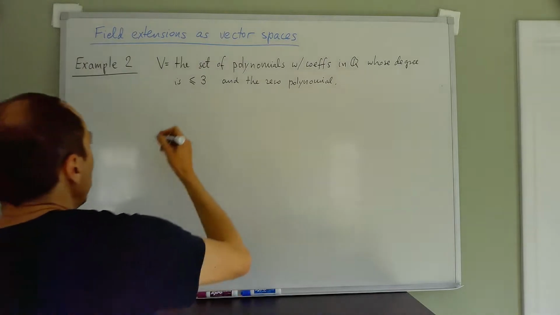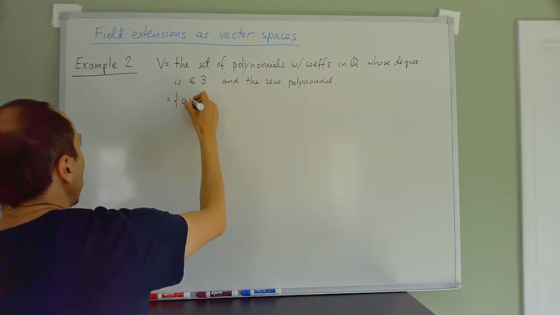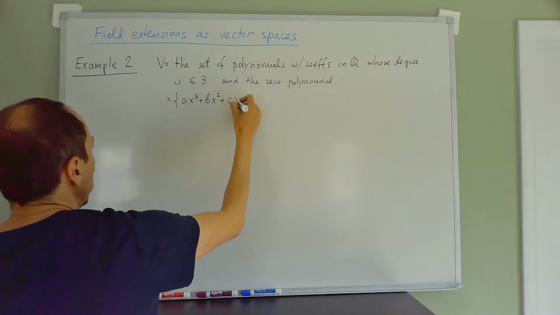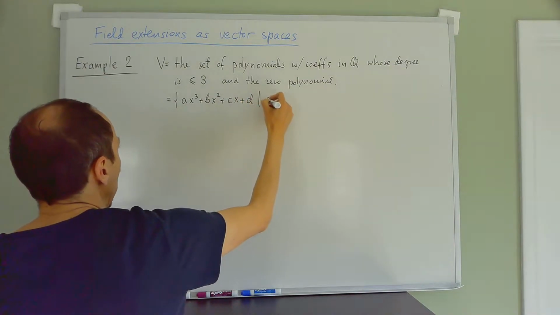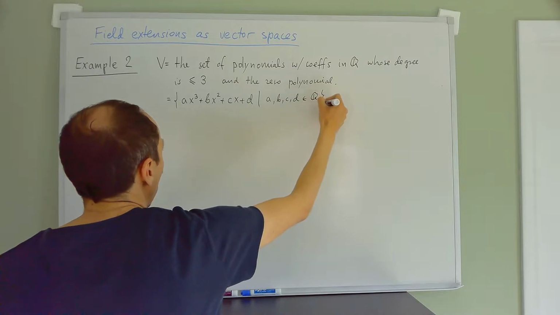Okay, so how do the elements of V look like? Well, they look like this: ax cubed plus bx squared plus cx plus d, where a, b, c, d are all rationals.